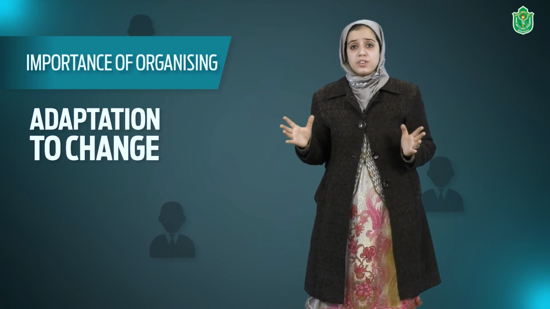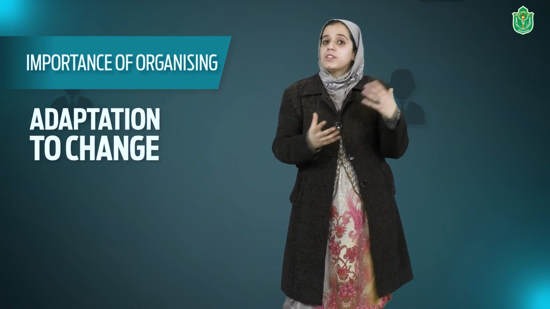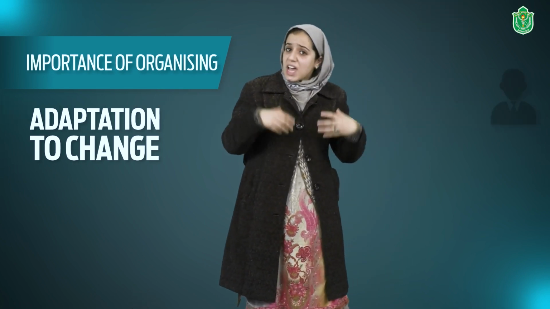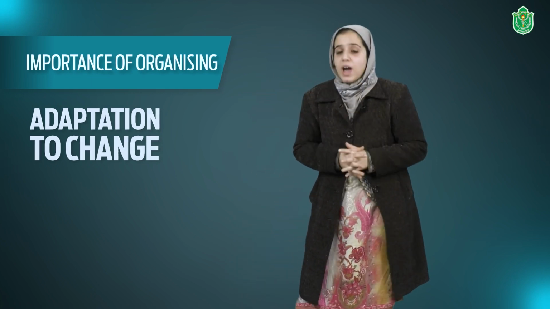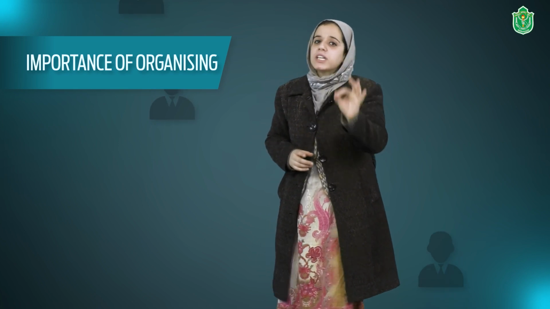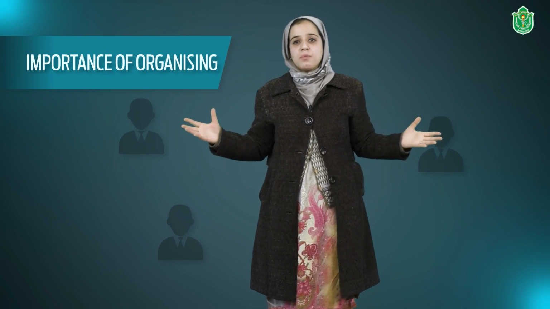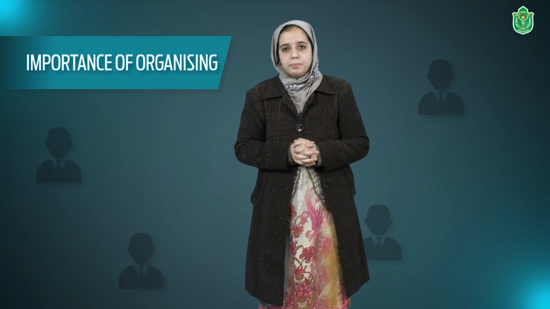Organizing gives an organizational structure or a framework within which the individuals work. And it becomes easy for this framework or structure to adapt to the changes in the business environment, because a change can be adapted in the particular department wherever it is required without disturbing the other departments.